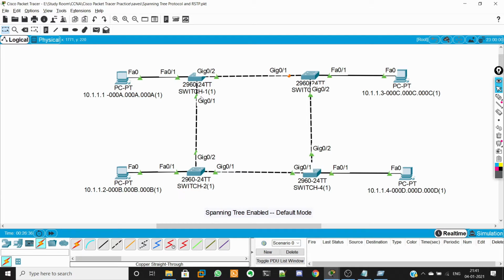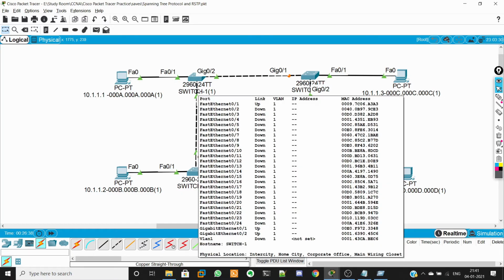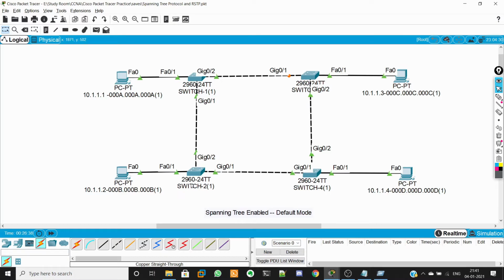So in switch 1, gigabit 0/1 interface is the root port because it has the lowest cost to reach the root switch. Whereas in switch 3, gigabit 0/2 interface is the root port. So it has the lowest cost to reach the switch 2. Also, in switch 4, gigabit Ethernet 0/1 is the root port. So it has the lowest cost to reach the switch 2.